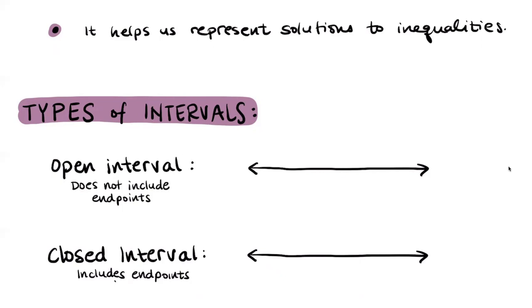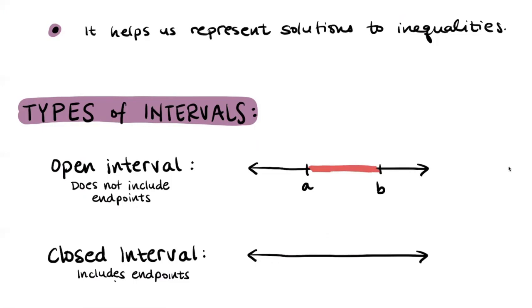Okay, so for example, I'm just going to draw, we're not going to use numbers, we're just going to use general placeholders here. So let's call this A, and let's call this B. And so we would call the open interval between A and B, how we would represent that on the graph, it's going to be all the numbers between A and B, so we're just going to shade it in.